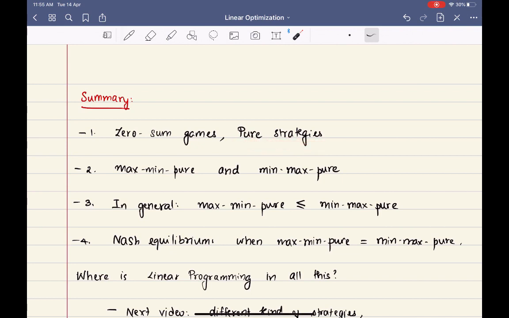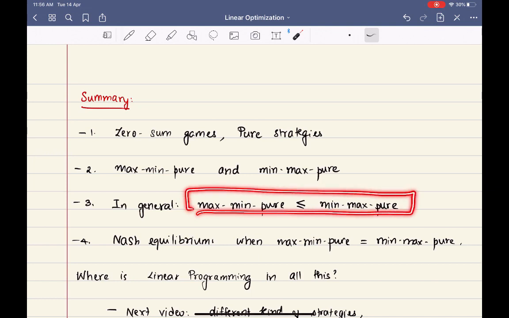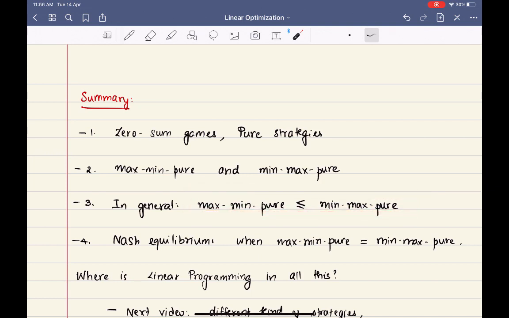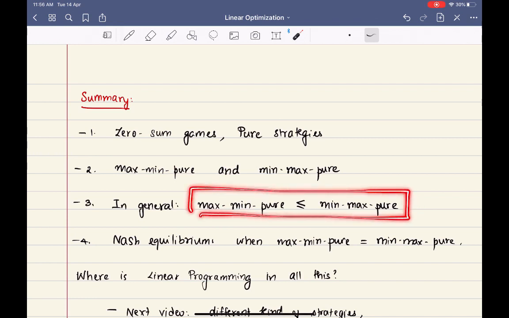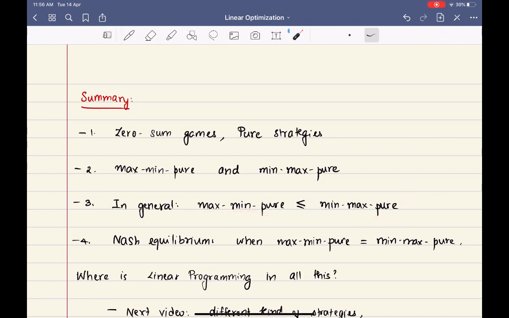We have defined these two values, max min pure and min max pure, and in general we have seen that max min pure is less than or equal to min max pure. It will be a good exercise to try to prove it yourself. And then in some games we have max min pure equal to min max pure, and in that case it's called a Nash equilibrium.